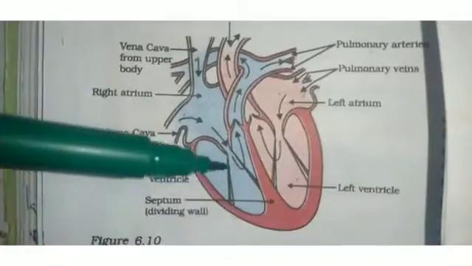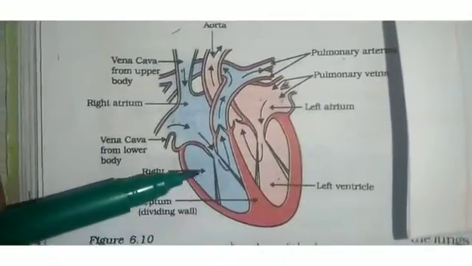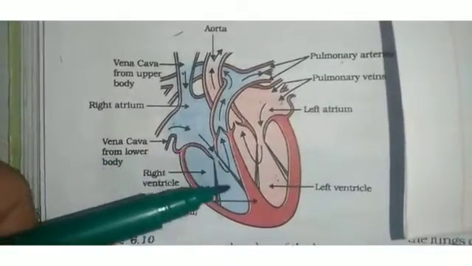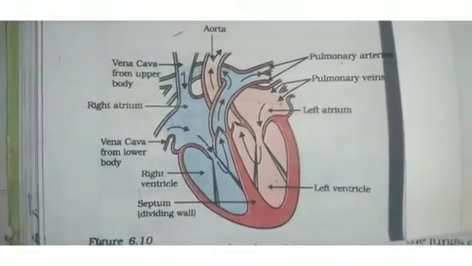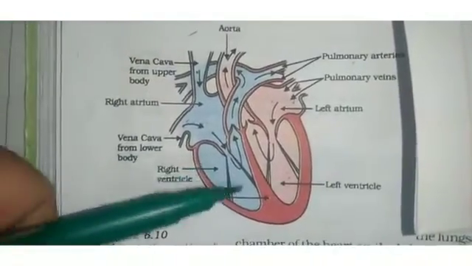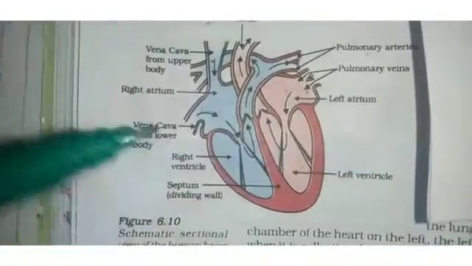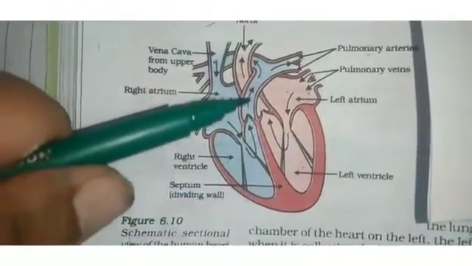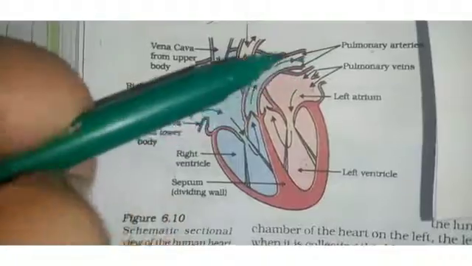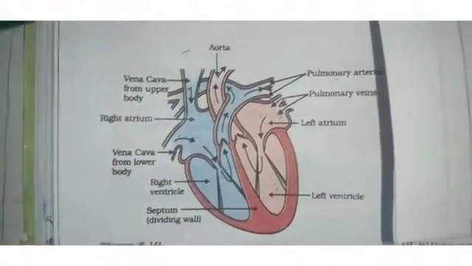When this chamber fills, the valves close to avoid mixing or backflow of blood. When the chamber is full, the right ventricle contracts and pushes the blood to the arteries. The arteries then carry the blood to the lungs for oxygenation.